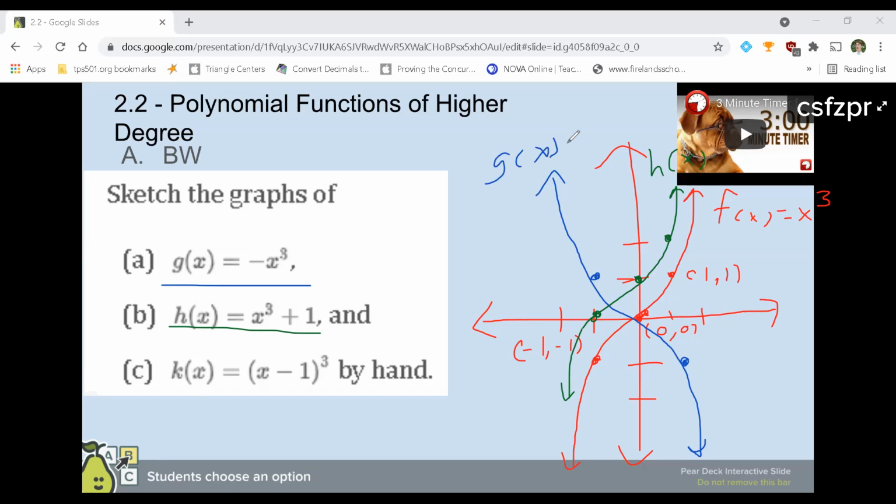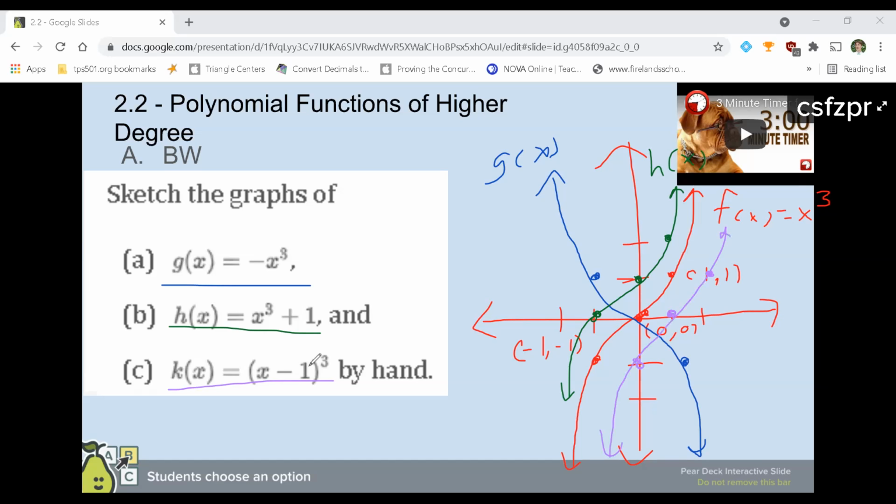Okay, and the last one, what color do we want? Purple? Perfect. All right, what does the -1 do? Moves it to the right. Yeah, moves it to the right one. It is always a trick question with that one because it does the opposite of what you would think.